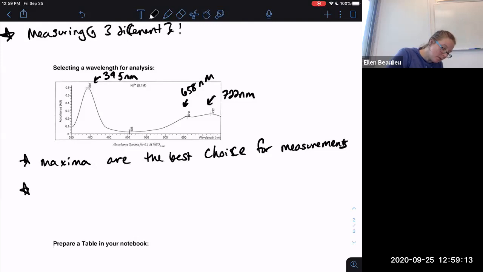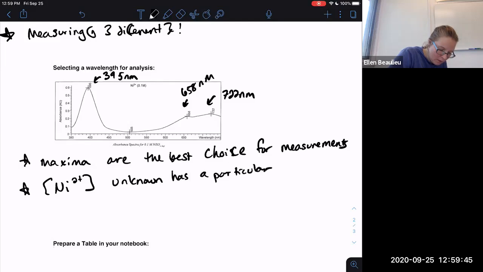Your concentration of nickel is the same in all the wavelengths, but your absorbance value is going to be different, which is why we need 3 different calibration curves. So the unknown will have a particular concentration, but that concentration will have a different absorbance depending on the wavelength of light.